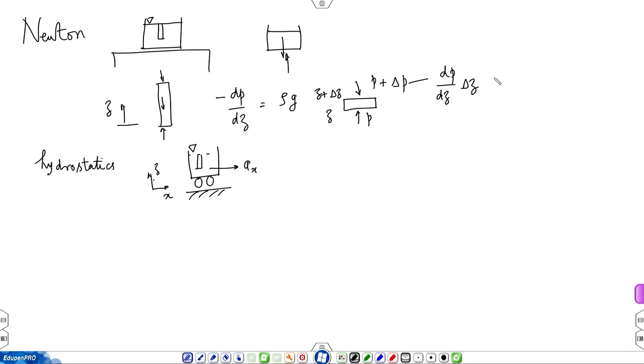If I know the values of p at a location, I can estimate the value of p at a neighboring location if I know the gradients at the first point through something called the Taylor series expansion. Taylor series expansion holds for a point not only in the neighborhood, but anywhere.